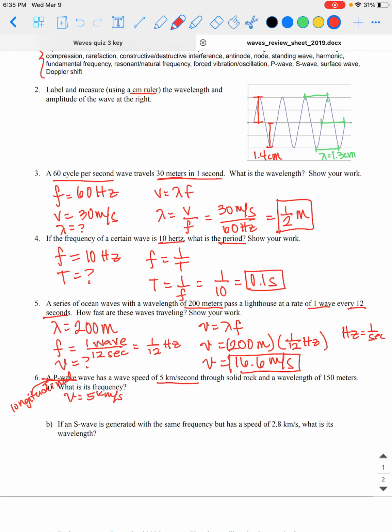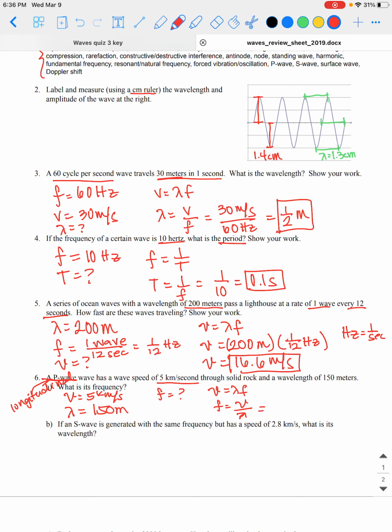So that's my velocity through a solid rock, and it has a wavelength of 150. What is the frequency? So this is again going to be our velocity equals lambda times frequency equation. Frequency is then equal to velocity divided by lambda.